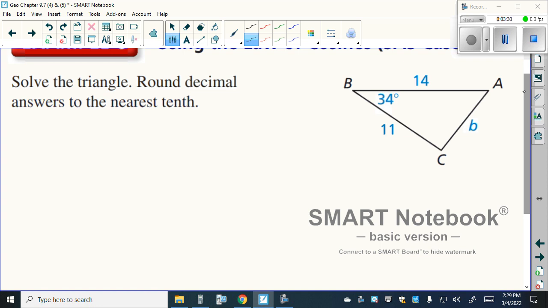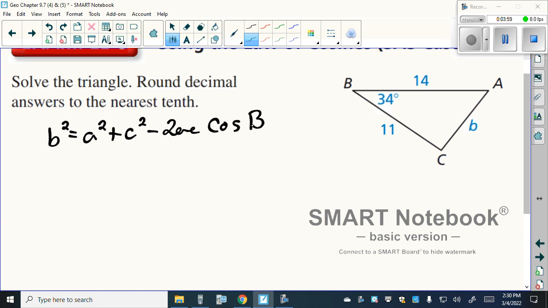Now, looking at this first problem here, we do have a missing side b, and we're missing two angles. Well, if we have two angles in a triangle, we can find the third, because the three angles in a triangle add up to 180. So let's find side length b first. According to the equation, b squared is equal to a squared plus c squared minus 2ac cosine of B, because that's just the general equation.